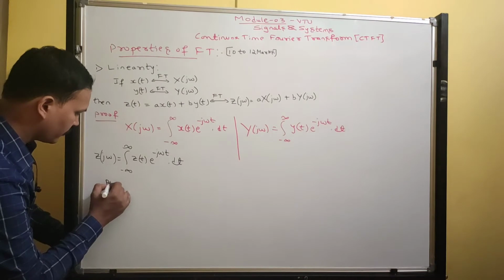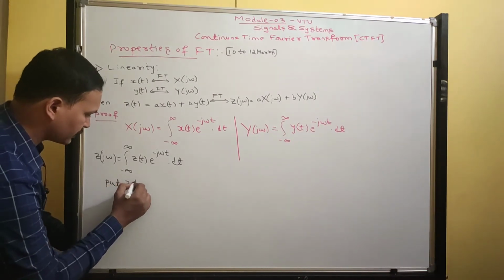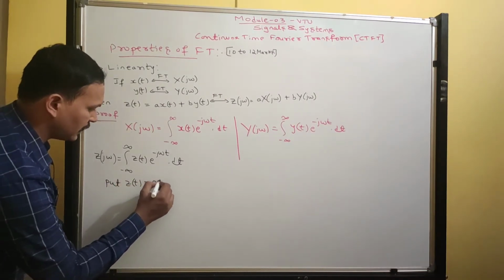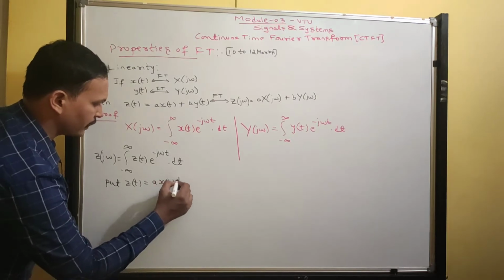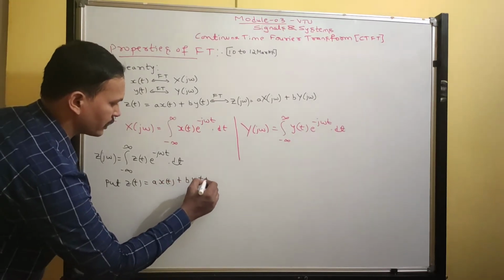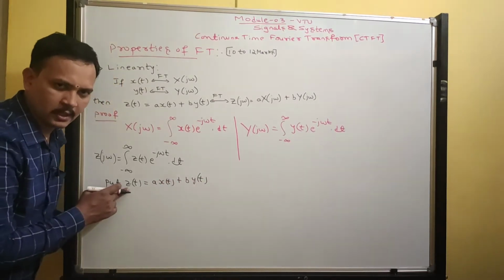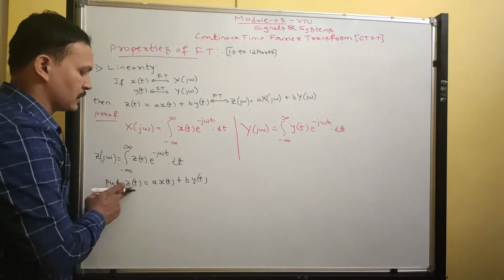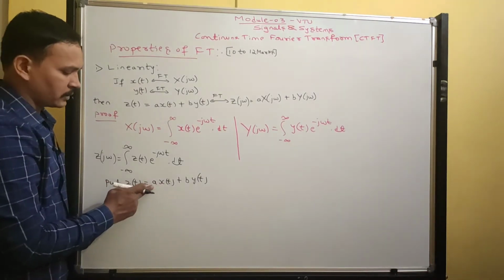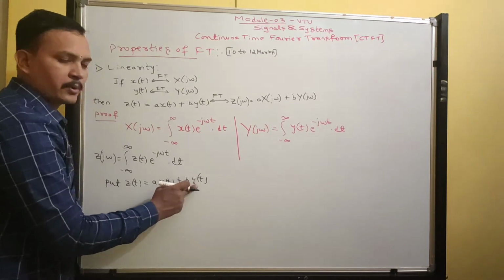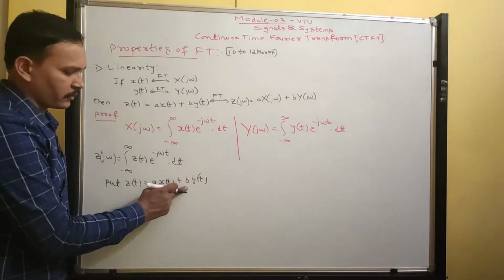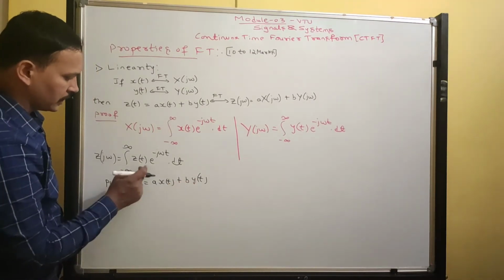Now put z of t, which is a x of t plus b y of t. The new continuous time non-periodic signal is one signal multiplied with constant a and another signal multiplied with constant b. So now substitute z of t here.